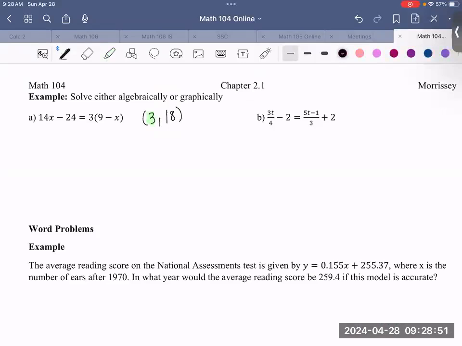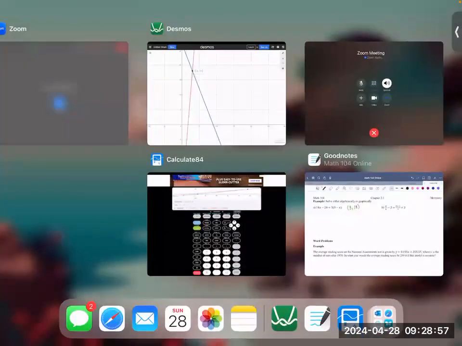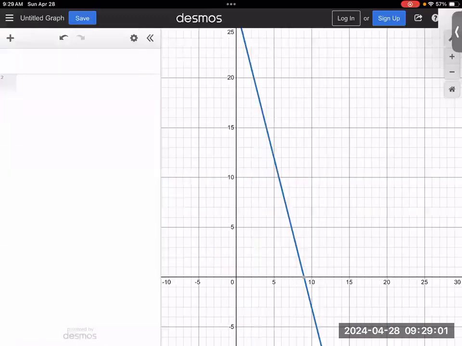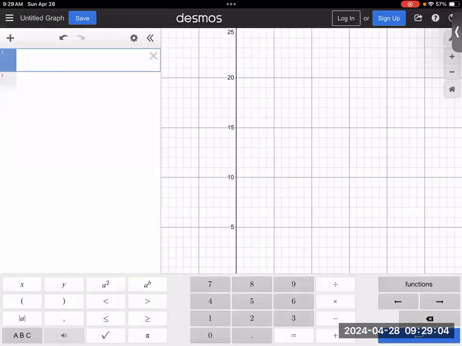Let's try it again for something a little bit more advanced with a lot more fractions. So 3t over 4 minus 2. Oh, so sorry. Y equals, and t is just your variable.